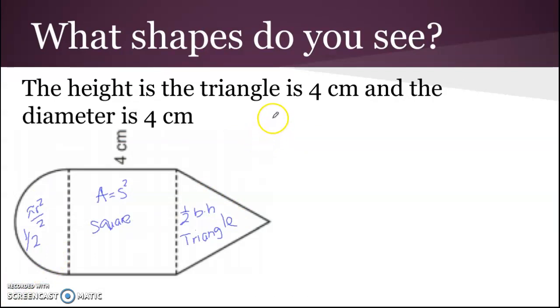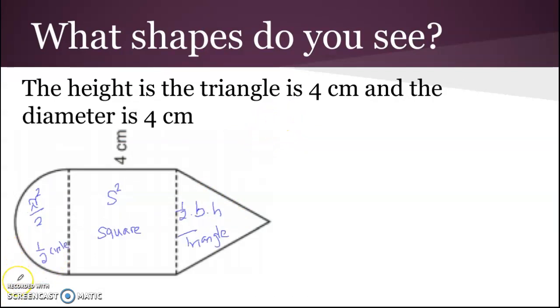So let's go ahead and do this. After we have those in, we're now going to go ahead and substitute. And let's do this in the nearest tenth. So we're going to do pi. If the diameter is 4, that means the radius is 4 divided by 2, which is 2. So this becomes 2 squared.